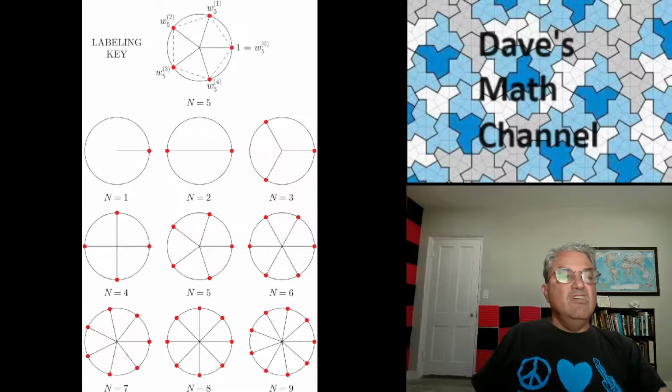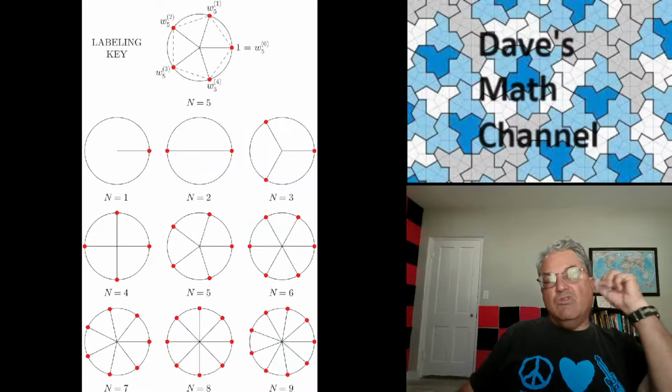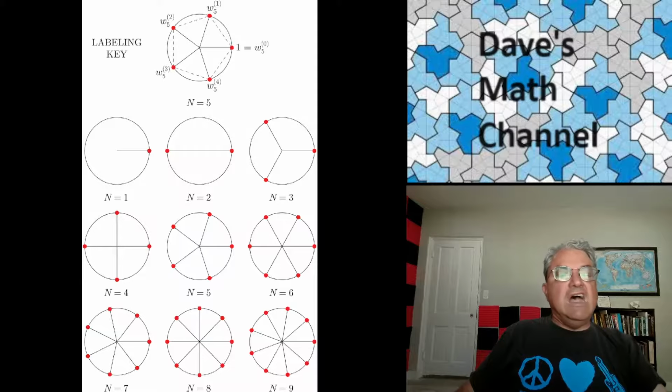Primitive just means that there's no smaller power of the root that's equal to 1. 4 is the smallest positive power of i that's equal to 1. So that's what's known as a primitive nth root of unity. It's a complex number such that the smallest positive power of that number that gives you 1 is n.